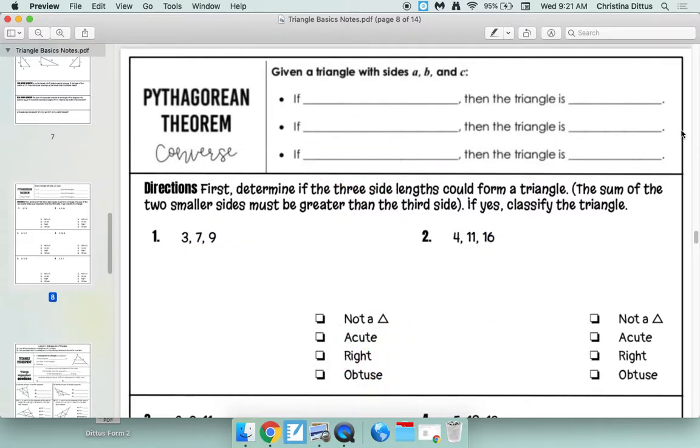Alright. Last thing is called the converse of the Pythagorean theorem, and it's kind of what that last problem was. You are going to see what kind of triangle it is based on the Pythagorean theorem. If a squared plus b squared equals c squared, if they're equal, we know it's a right triangle.